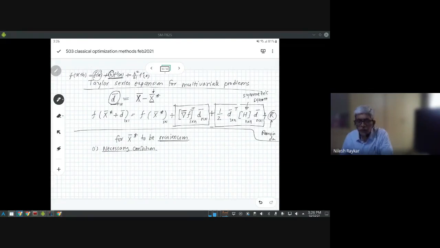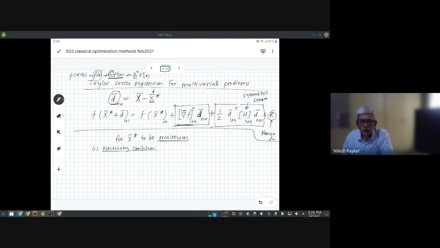The necessary condition should be, since this d vector is an arbitrary vector, it can have any value, positive, negative, or anything. In order for the function value to be at a minima, that is unchanging, the gradient vector must be equal to 0. If it is not 0, then you may get a positive and negative variation in the function values.